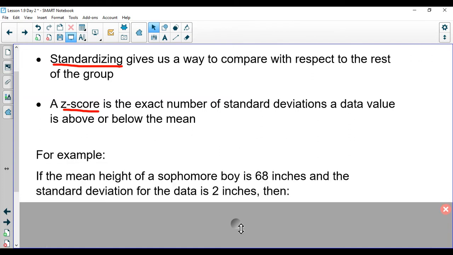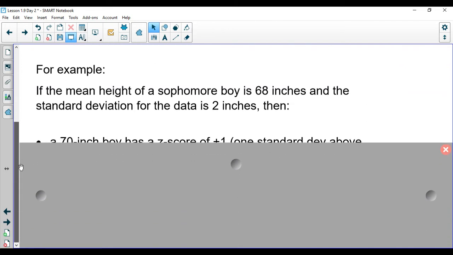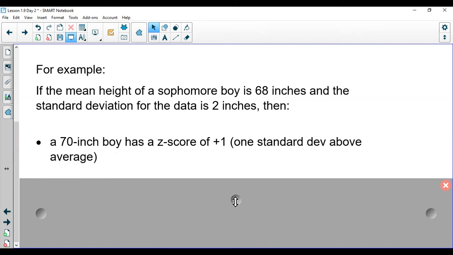Here's an example. If the mean height of a sophomore boy is 68 inches, and the standard deviation for that data is 2 inches, then someone who is 70 inches tall has a z-score of +1, because they're 1 standard deviation above the average.